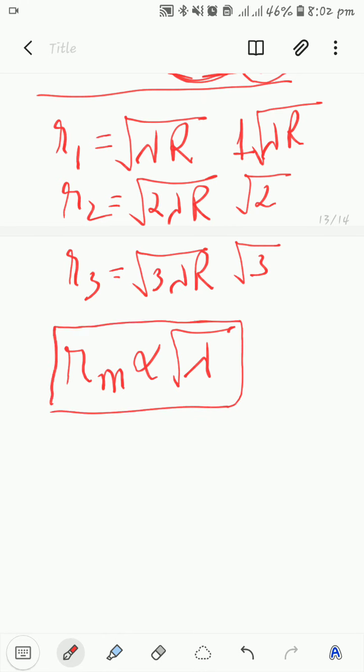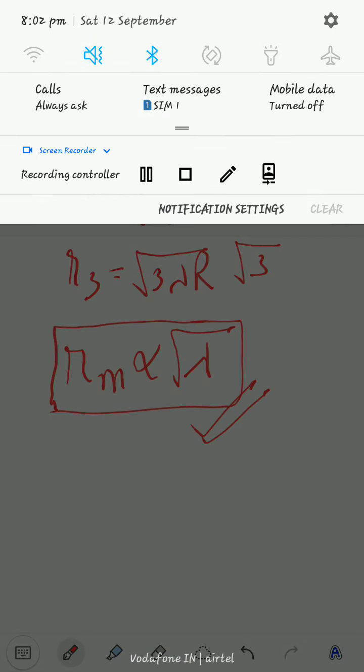Now if we want to calculate the ring diameter, it is very easy. We will just multiply by 2 and we will calculate the ring diameter. Okay, so this is all for today. In the next lecture, we will discuss the spacing between these Newton's ring fringes.